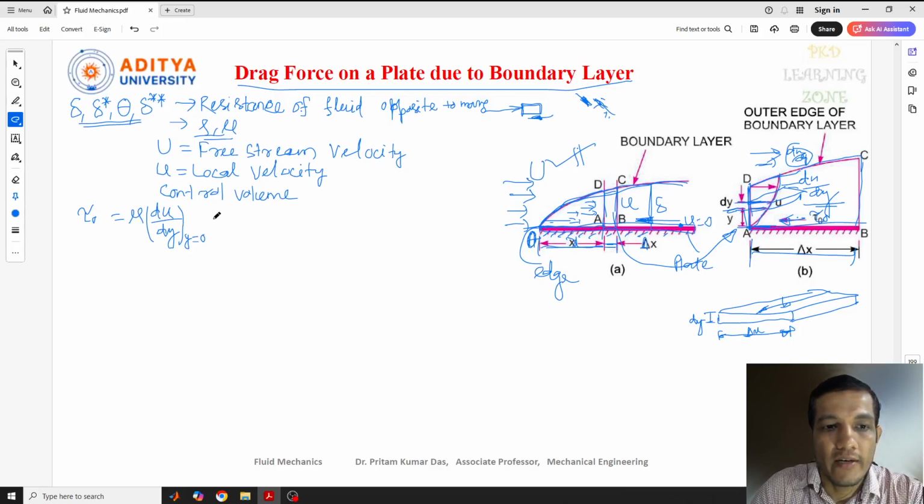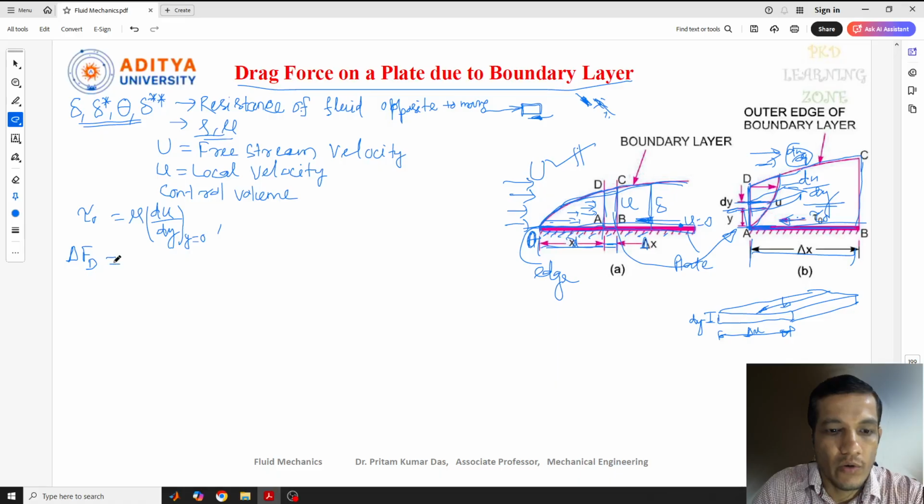Now we need to find out the drag force. We can write the drag force as Fd. The drag force over this length of delta x, though it is a small one, I can mention as delta Fd.